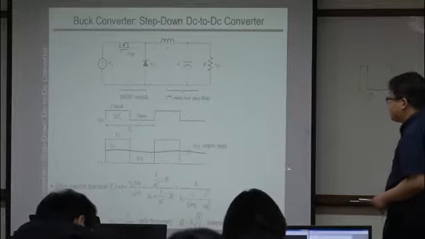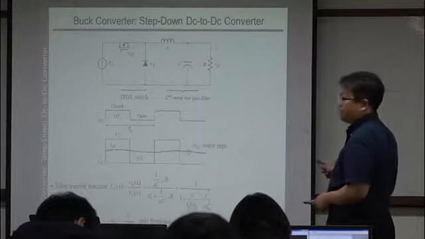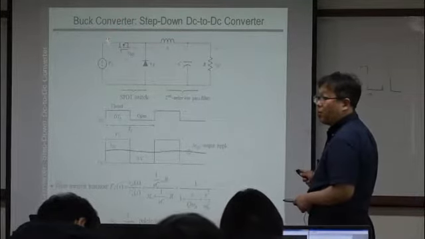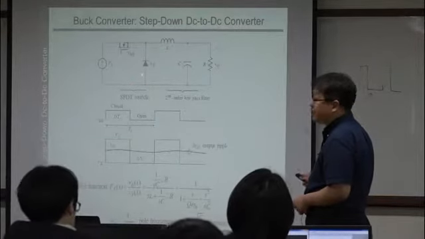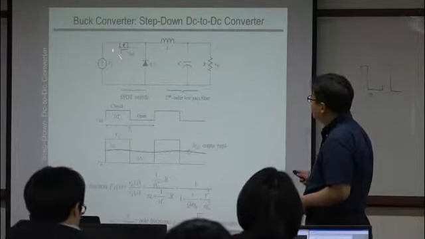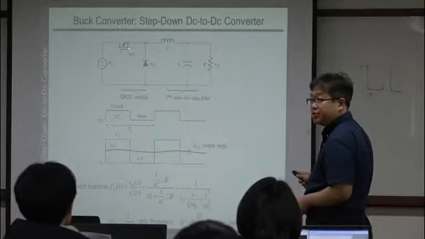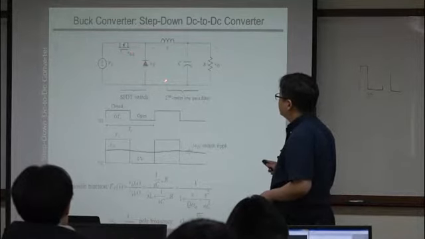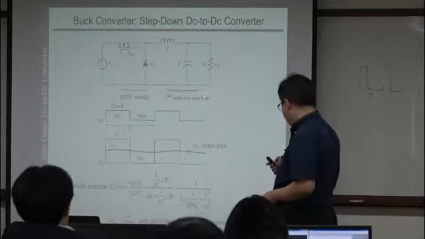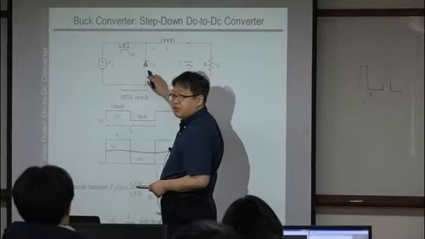Then let's consider this circuit. This is a simple buck converter, and your single pole double throw switch is implemented with this combination. Here you just use a simple MOSFET, but in fact you can also use an IGBT as well. And this is a simple diode. In switching applications, your diode performance should be very, very good.